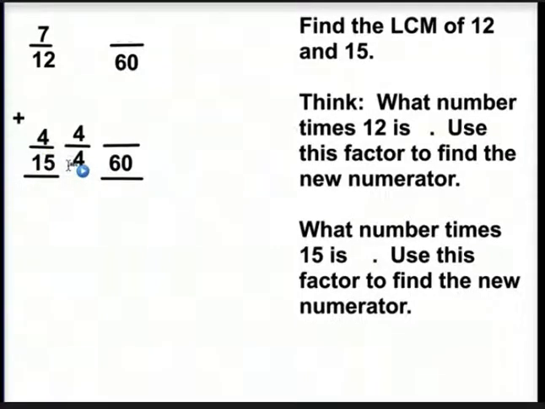And that's 4. 15 times 4 is 60. 4 times 4 is 16. 12 times what number is 60? And that's going to be 5. 7 times 5 is 35. Again, we're adding, so 35 plus 16, and you have 51 sixtieths.